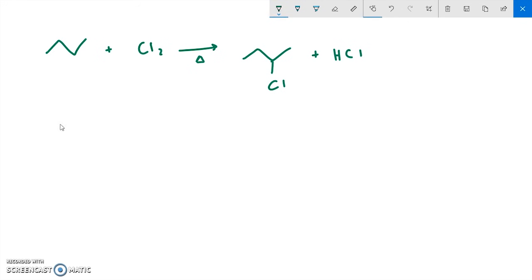The next step is the propagation. When we obtain the chlorine radicals, it's going to further react with the butane molecules. So based on the equation, the chlorine will replace the hydrogen from the second carbon.